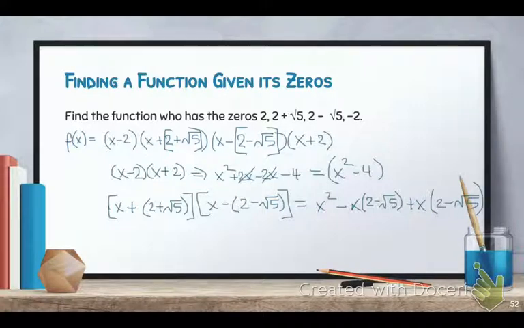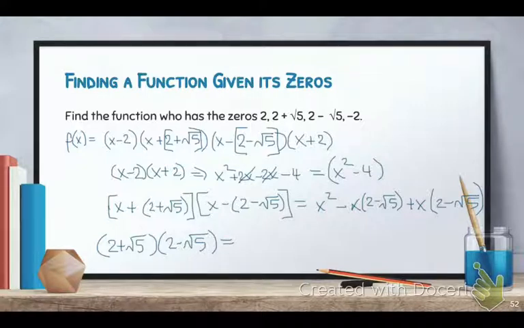And then we're going to have 2 plus square root of 5 times 2 minus square root of 5. So I'm going to do that a little bit separately over here. So 2 plus square root of 5 times 2 minus square root of 5.